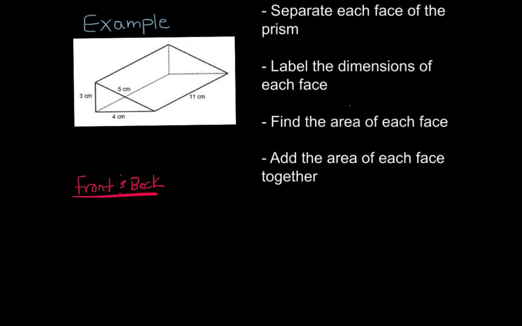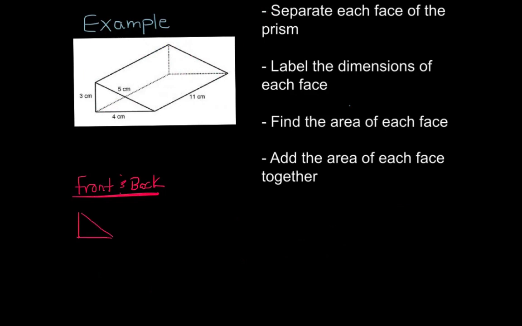Okay? The front and the back, in this figure, I'm looking at my bases as my front and my back. So there's the front, here's the back, and you can see that this is a triangular prism since my two congruent faces that are parallel are triangles. So let's go ahead and pull those off. And then we'll label them.